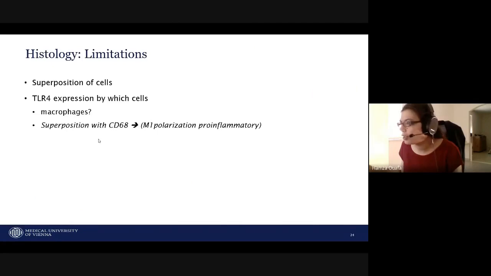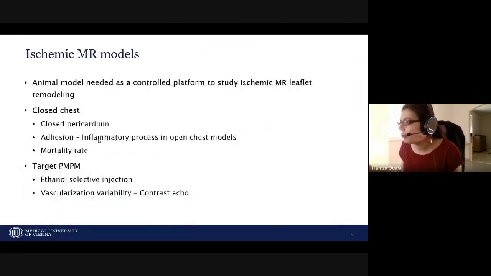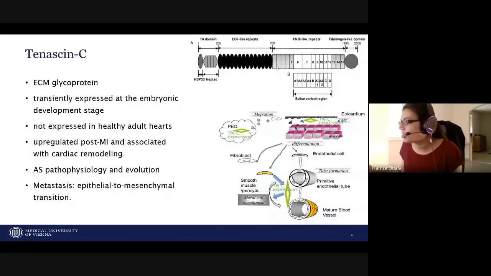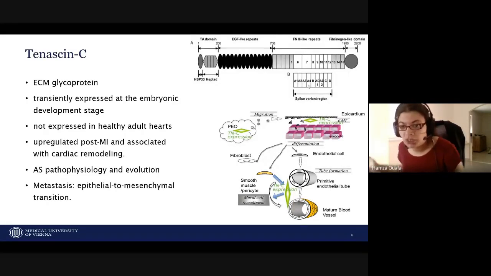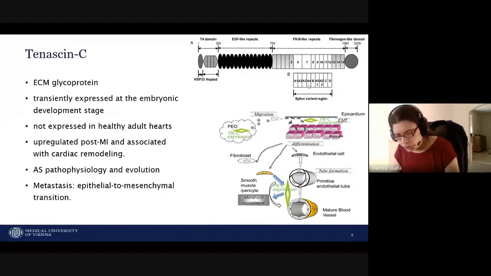Maybe I can show you that again. I didn't want to go too much into detail, but this region determines how different Tenascin-C can be. It's really difficult to identify which Tenascin-C, and it's definitely a big topic in our lab currently. If you want to identify Tenascin-C, you just choose which primer in the gene code you want to amplify.